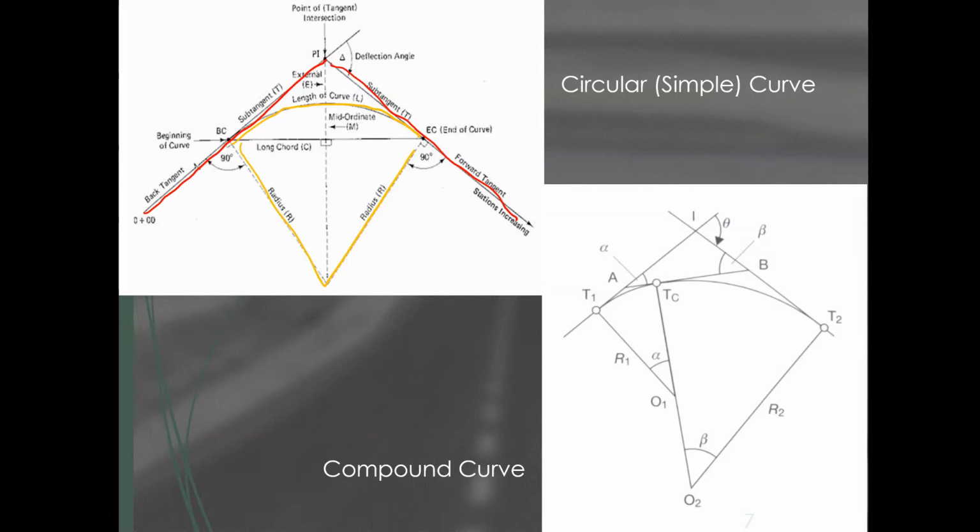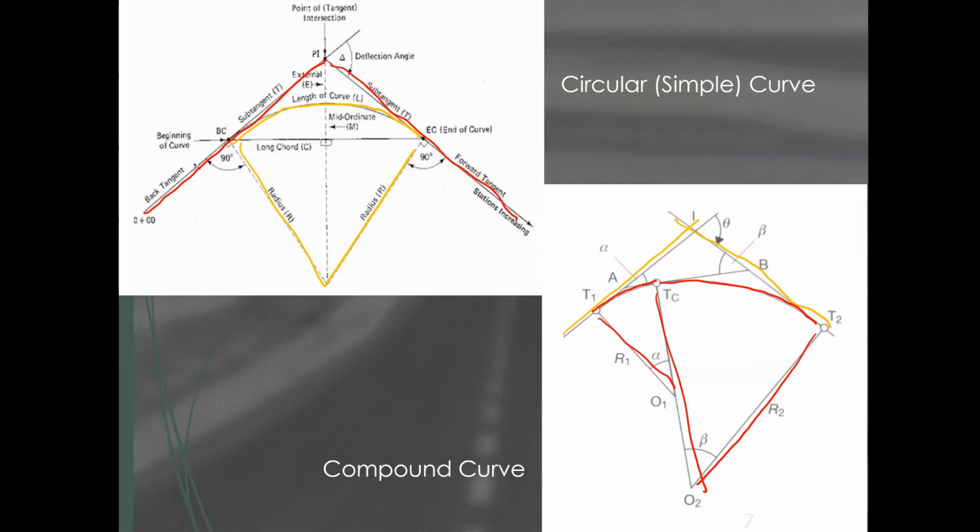Okay? Or there will also be cases whereby we have two straights here, one there and one there. But instead of joining them with one curve, we might in this case need two curves. One with radius R2 and the other one with radius R1.